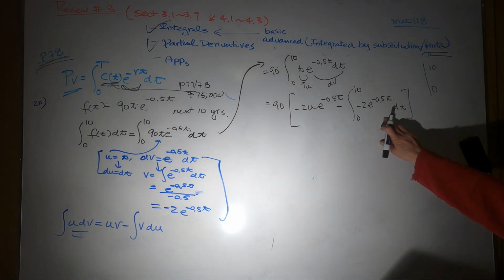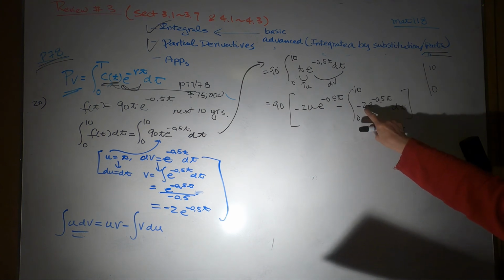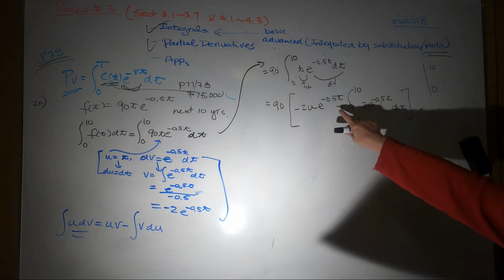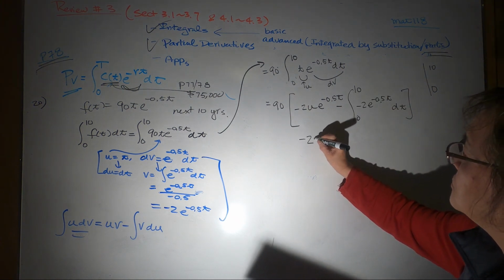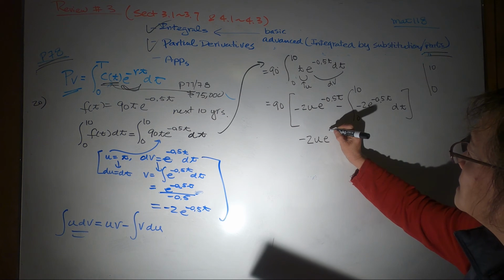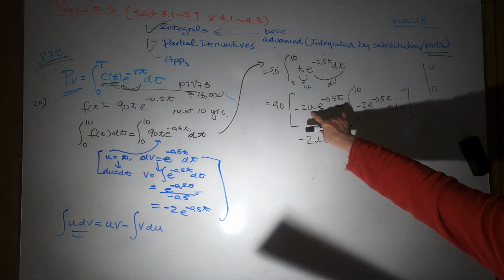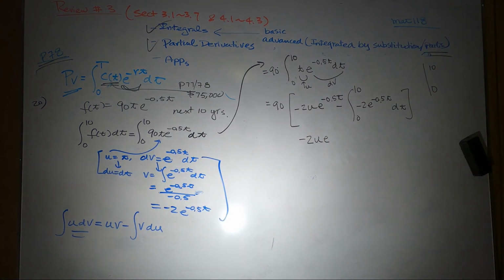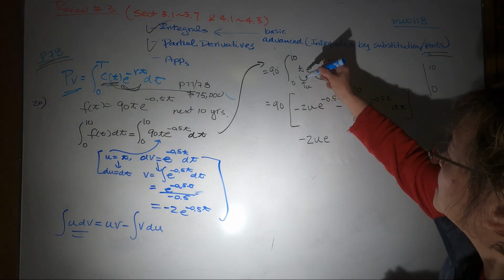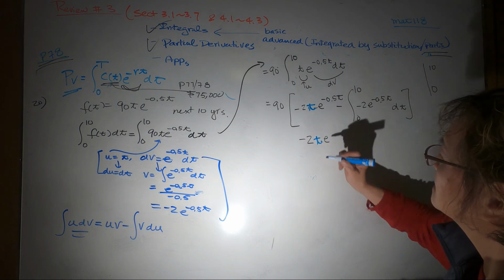Then for this one to take the antiderivative, that will be what? You take negative 2 out, then it becomes plus 2, right? So we will have negative 2 u e, where is it? Where's my u? Oh, my u is t, right? I was thinking what happened. So my u is t, right?